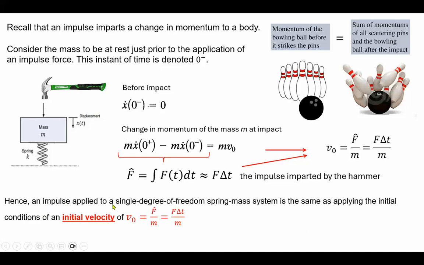Let me read this: an impulse applied to a single degree of freedom mass spring system is the same as applying an initial condition with an initial velocity of f hat over m, and f hat is simply f delta t.